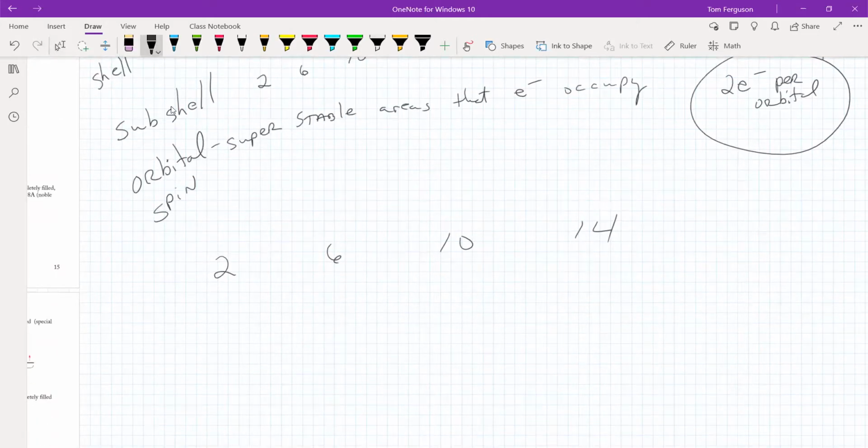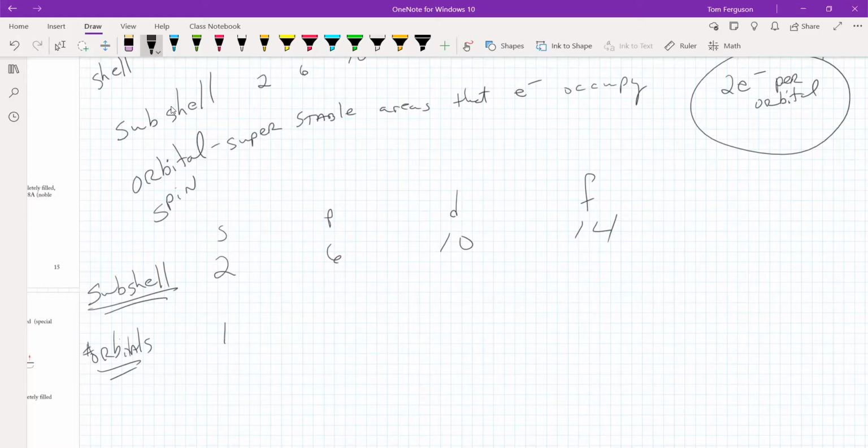So this is the subshell. If a subshell has 2 in it, this would be the s, p, d, and f. So how many orbitals would be in the subshell s? 1.